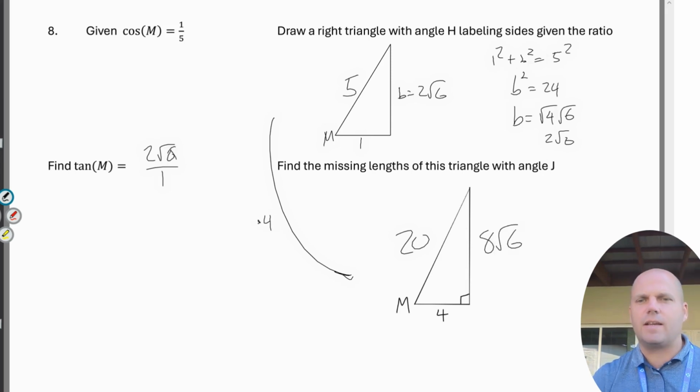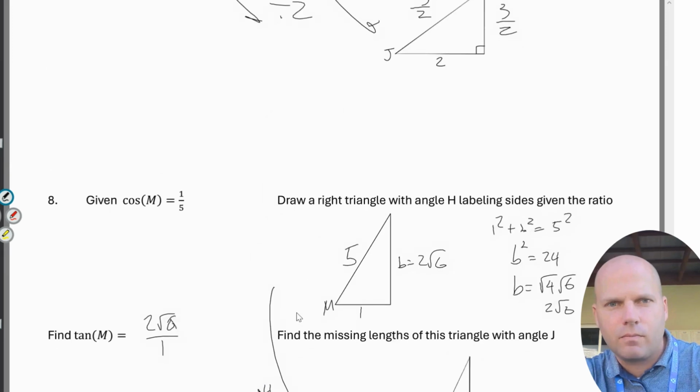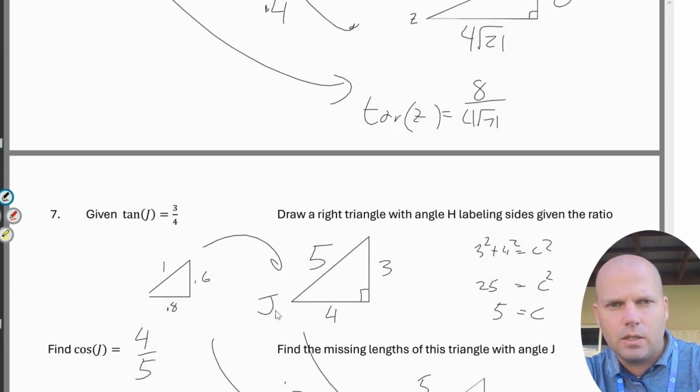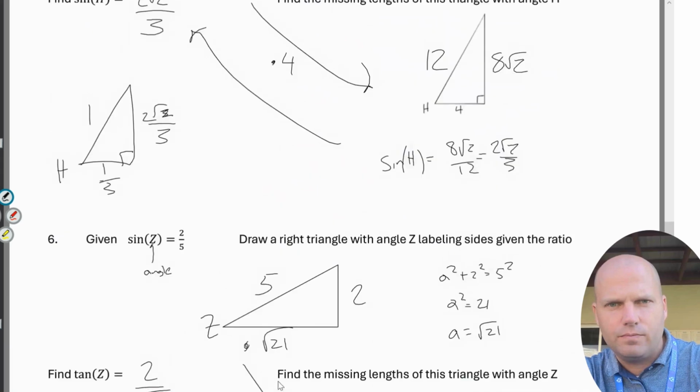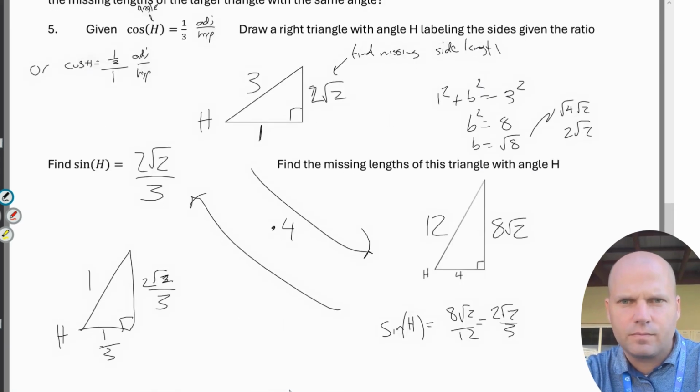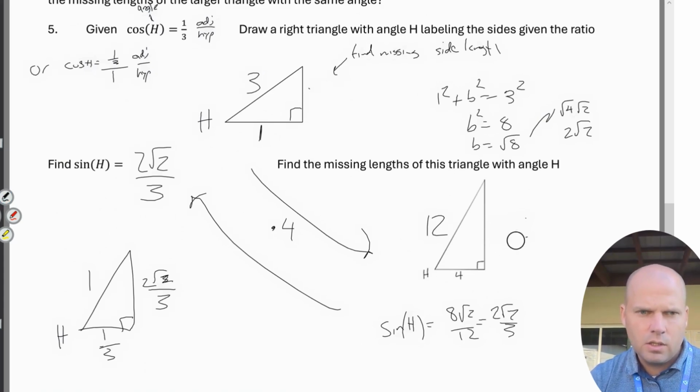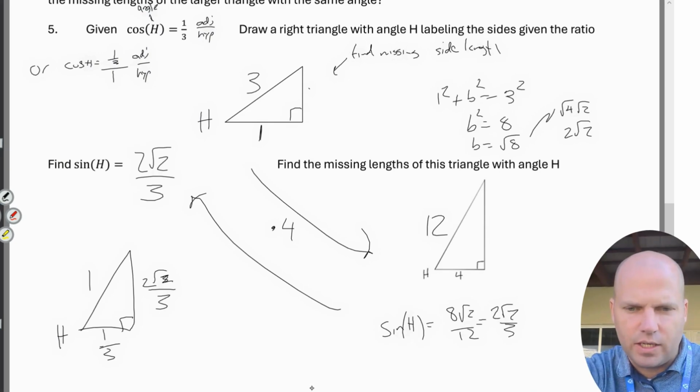And now what's great is that a lot of people might do the following, and I'll go back and show you if you're interested. Let's say you did not do this. Let's say you used the Pythagorean theorem to find both sides of x.